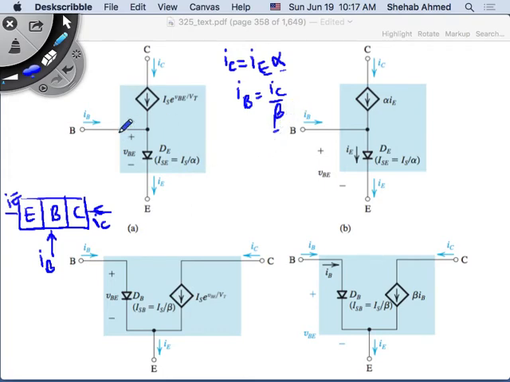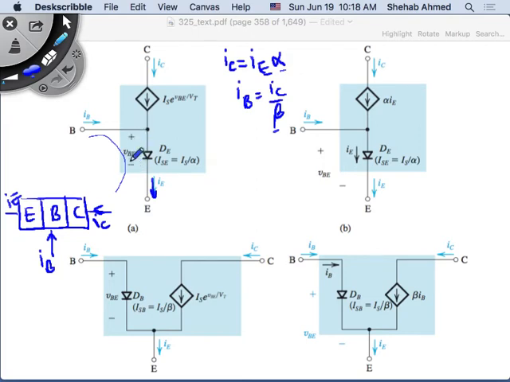Now let's see if this equivalent circuit model helps explain what we're talking about. I have my 3 terminals here, and all 3 currents are here. I forward bias this diode using my VBE, because we have to forward bias it to operate in the active region.